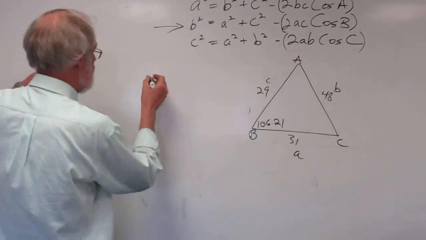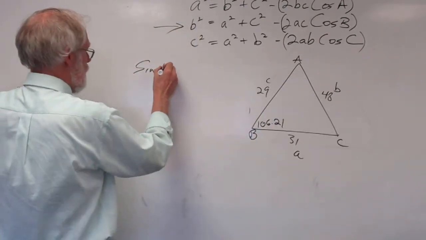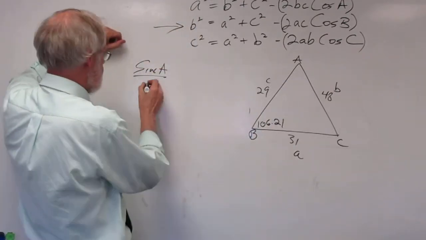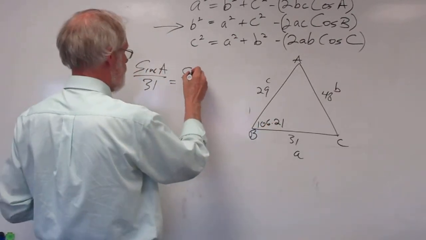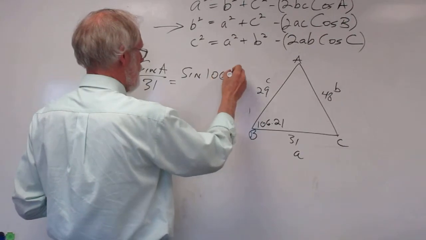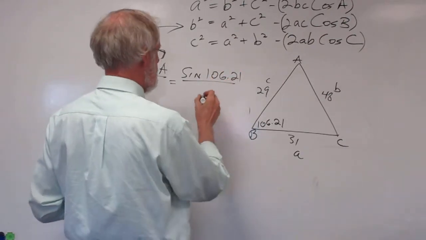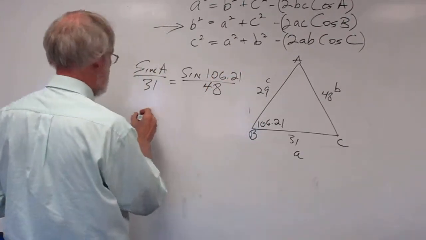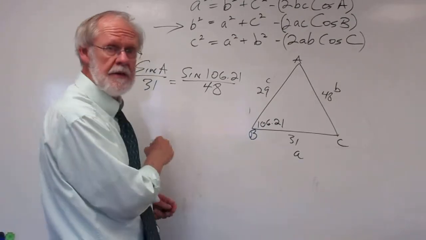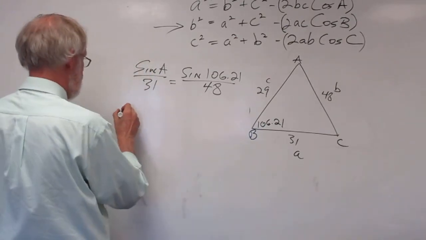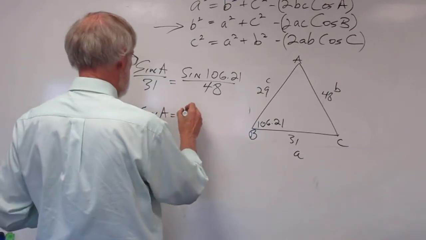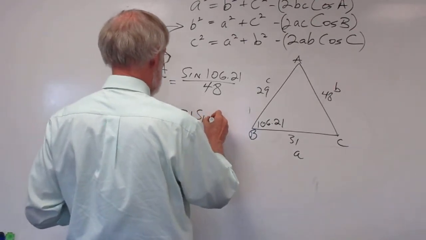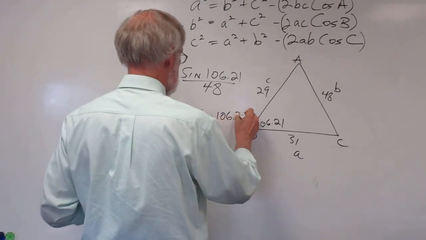I'm going to do sine of A over 31 equals sine of 106.21 over 48. So I'm plugging numbers into the law of sines now. I have 48 sine A is equal to 31 sine 106.21.